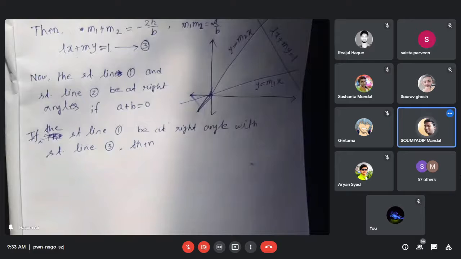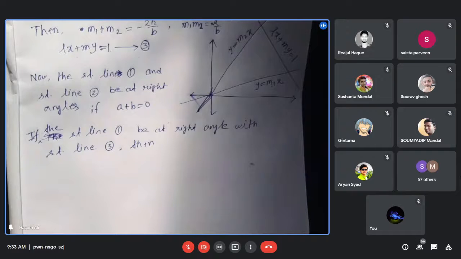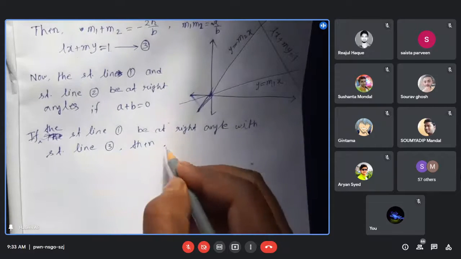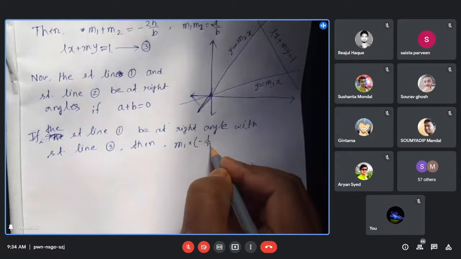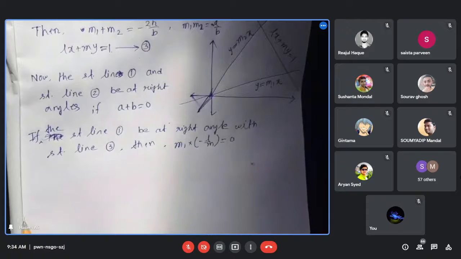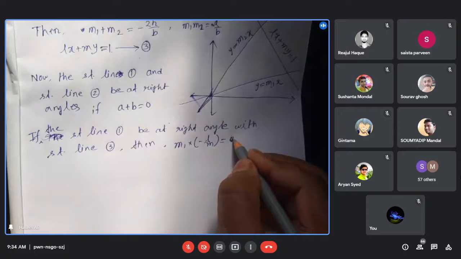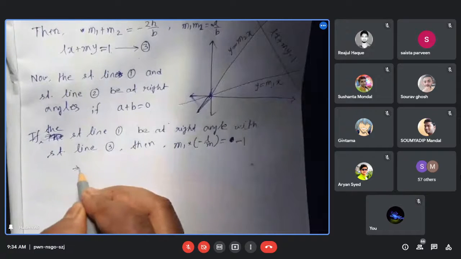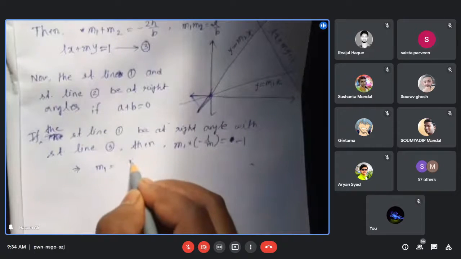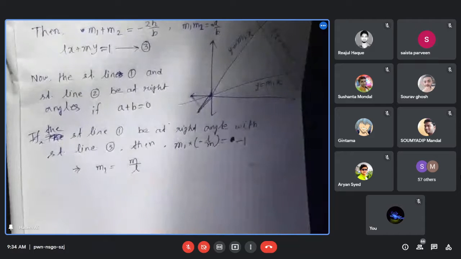Minus l by m. Yes, minus l by m. Then the condition is m1 into minus l by m equals to, sorry, not 0, this is -1. Then m1 into l by m equals to -1. Therefore m1 equals to m by l.